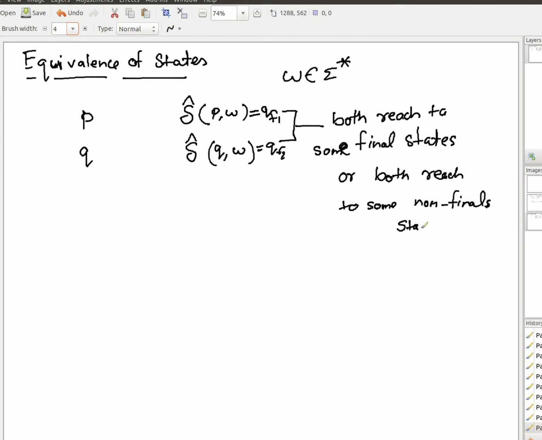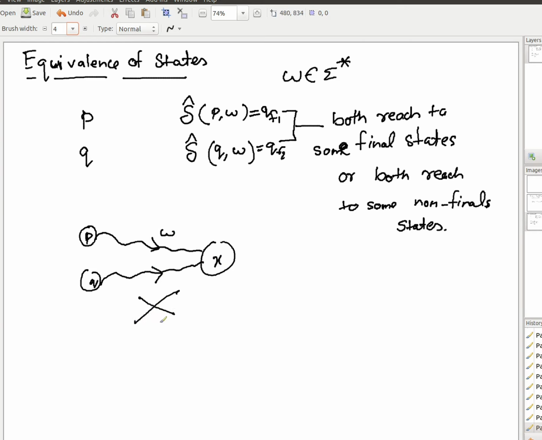Is the definition clear? I think that is something very fundamental and very basic. You have to understand the definition: we are not saying that this is P, this is Q, and after processing W they both reach the same state X. No, this is not the whole picture.